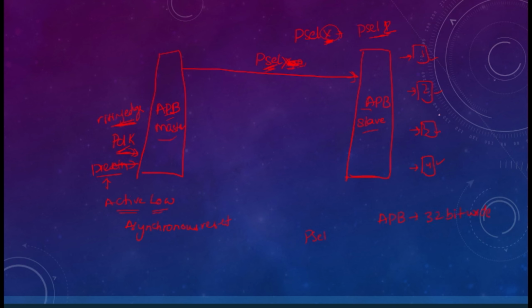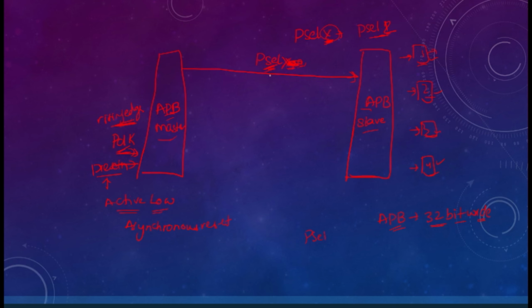So whenever you are connecting the slaves, you should remember that the number of slaves shouldn't exceed this 32-bit width while connecting slaves for APB. You have to remember that first, right? This is about the p select signal, and p select is single bit wide.